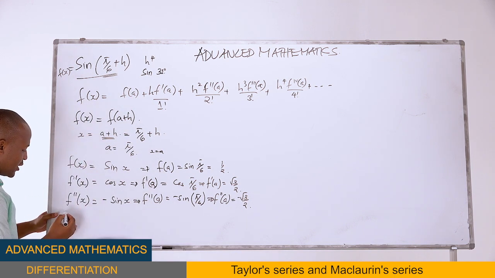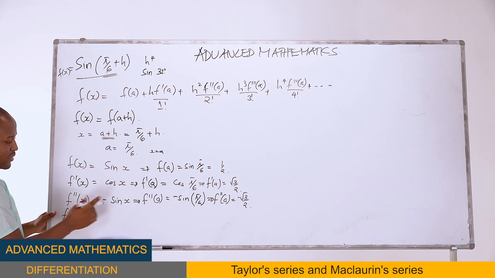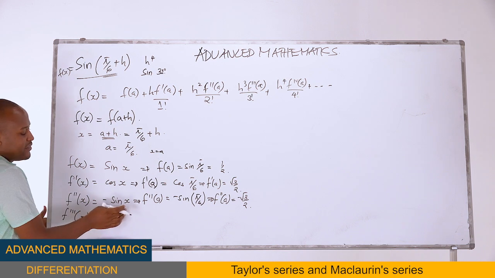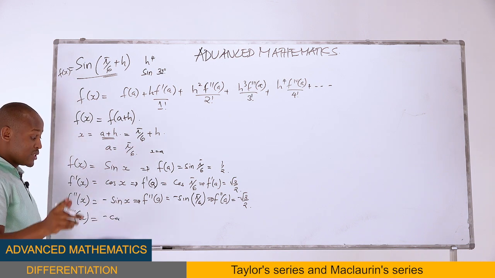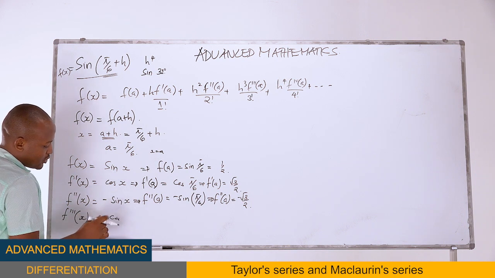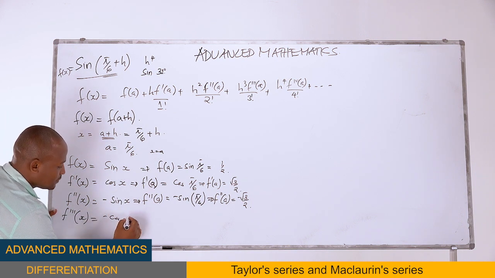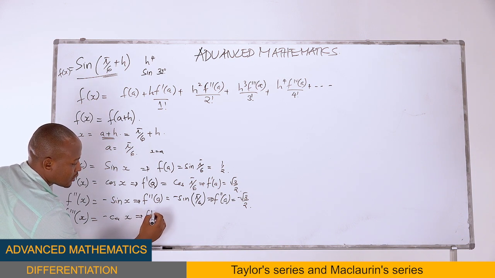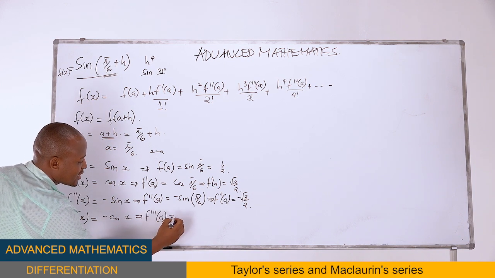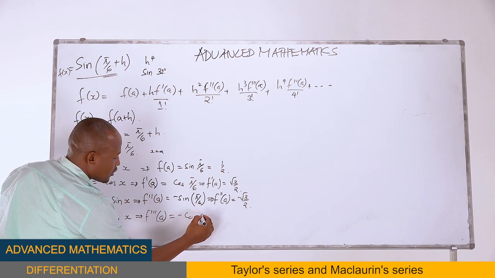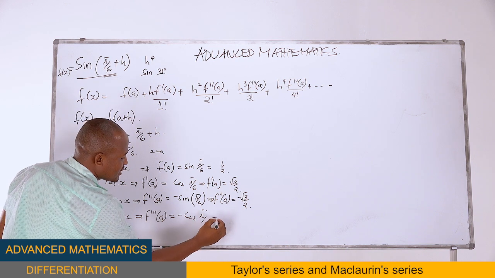Let's go on. When we find the third derivative, it equals negative cos. We know that the derivative of sine is cos, which is positive, but we have a negative there, so when we multiply, we get that. Evaluating the third derivative at that point, it is negative cos of pi over 6.